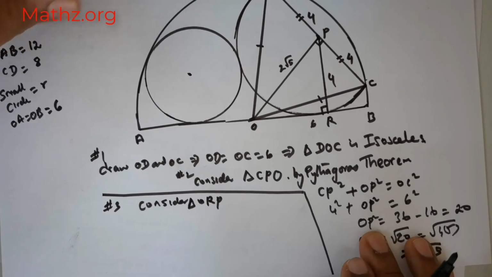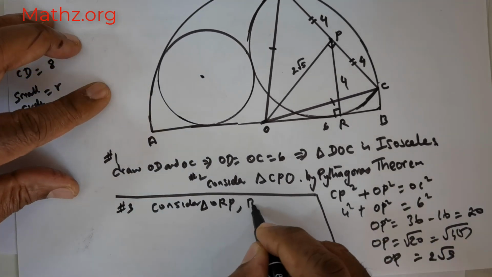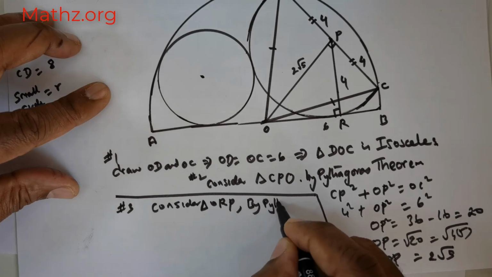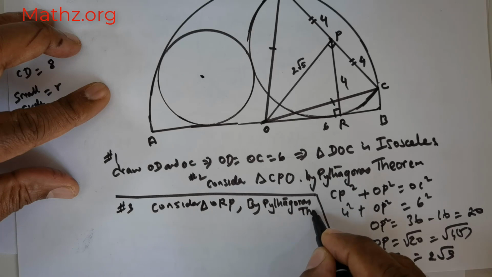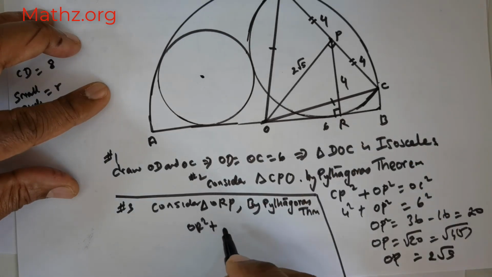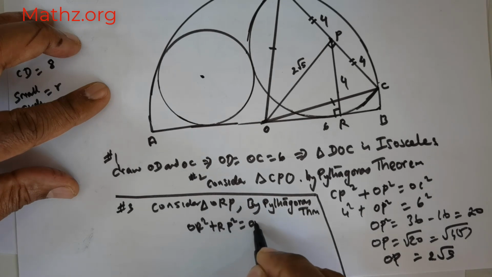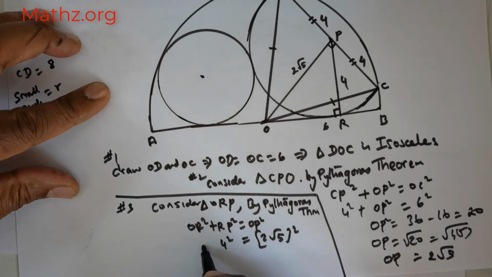Okay, so if I were to consider triangle ORP by Pythagoras theorem, what do we get? OR squared plus RP squared is OP squared. OP squared is 2 into root 5 squared. RP squared is 4 squared. OR squared, I don't know.